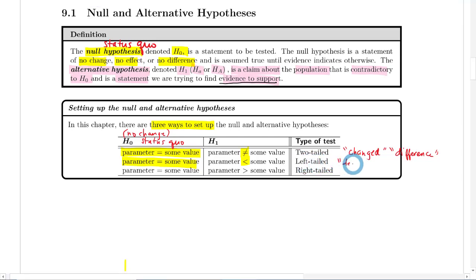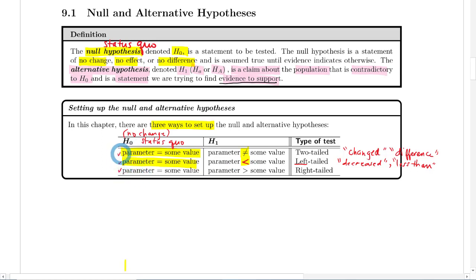And we can say decreased with the less than symbol, so they match up. Think of all those synonyms we had during our lab for inequalities. We call it a left tail test because notice the inequality symbol is pointing to the left.